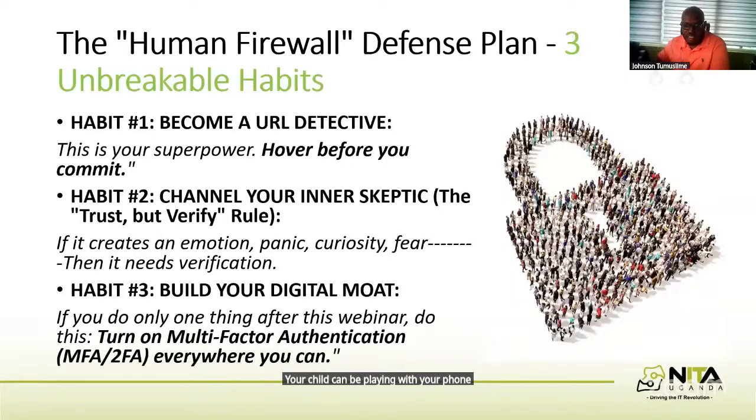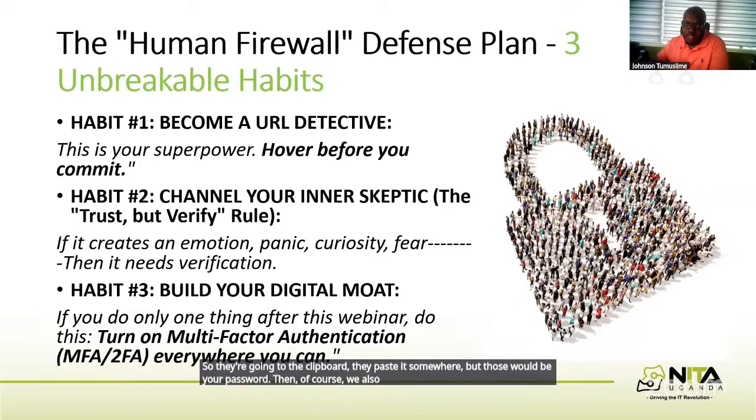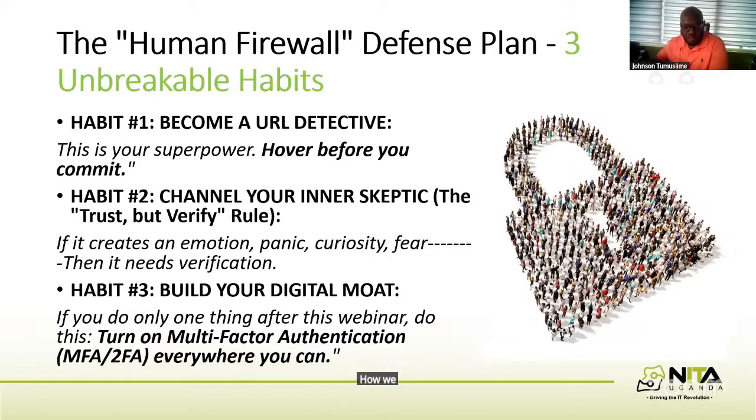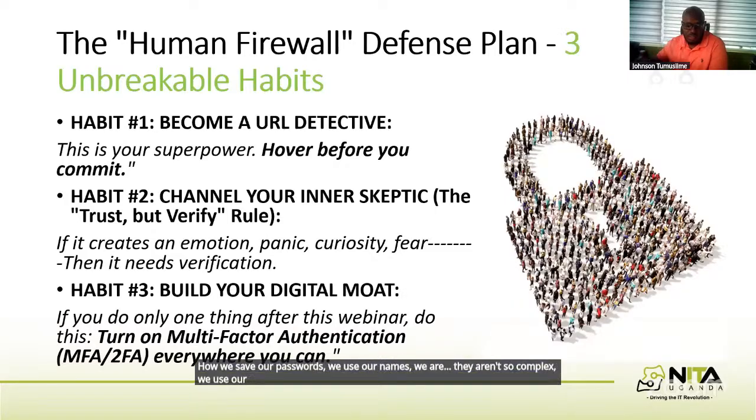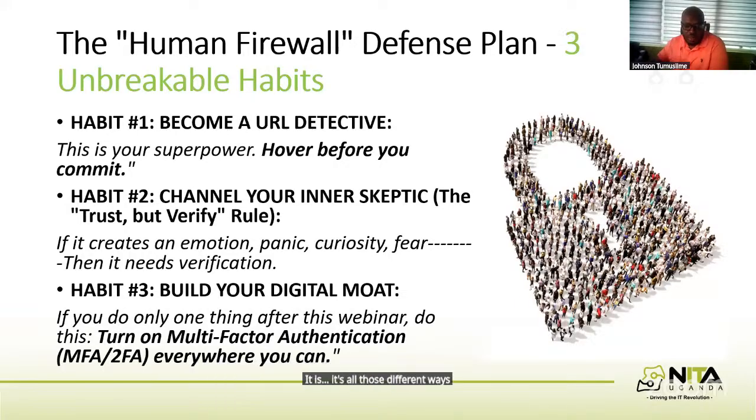Some of us copy and paste passwords, so they go into the clipboard. Then there are issues with how we create our passwords. We use our names, our date of birth, our children's names. These are all different ways that passwords still remain the weakest link.